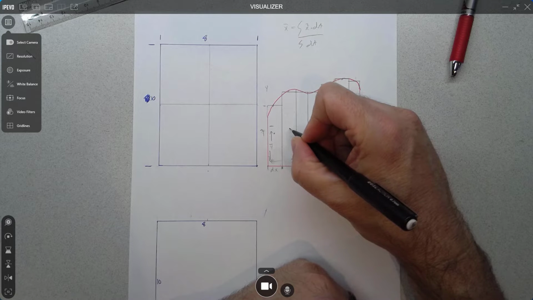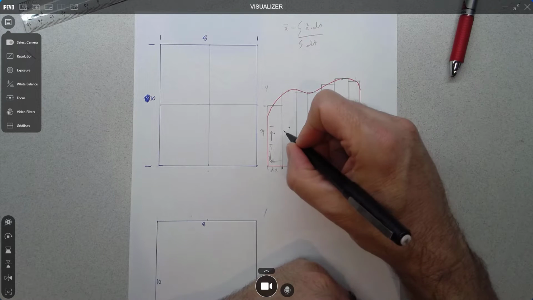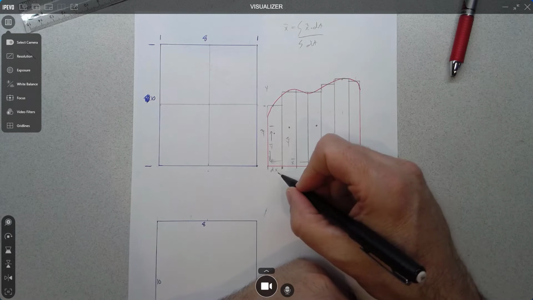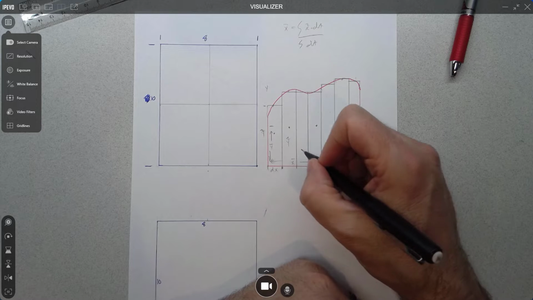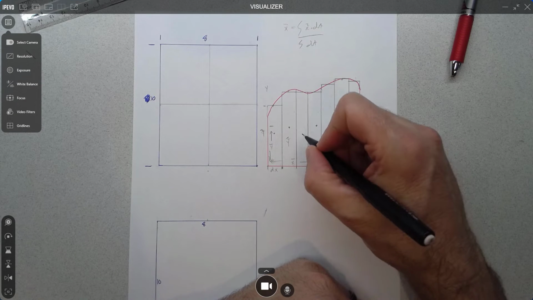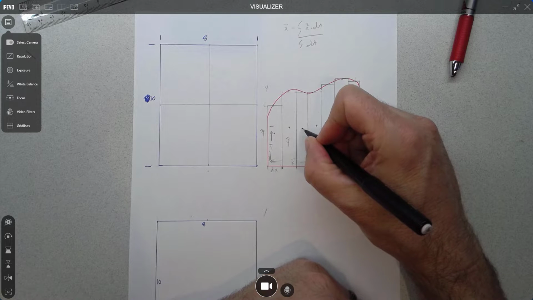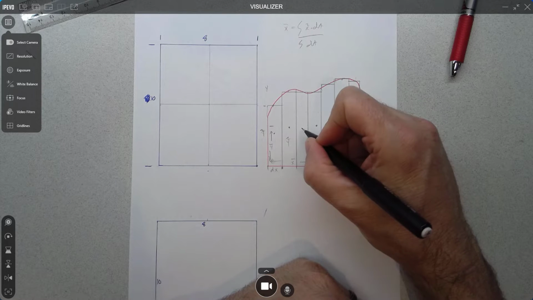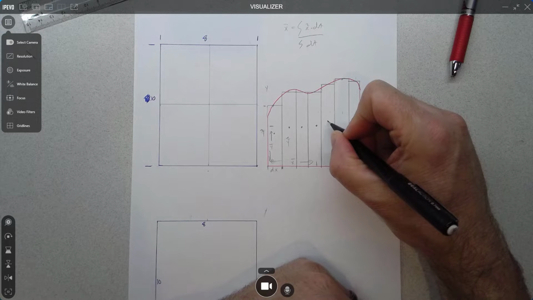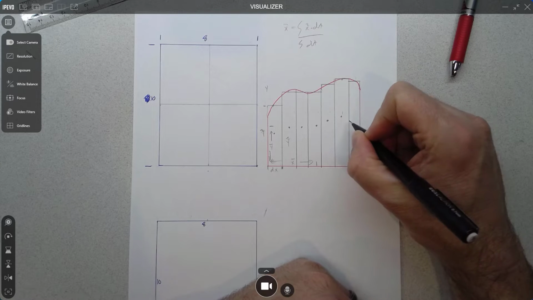And then for this next one, it looks like it's a little taller. The centroid's going to be about there, so it will have its own y, and it will have its own area. That's going to be this dx times the overall y distance for that. So another centroid. This one's actually really close. These three in a row all are really close, and then another one up here a little bit, up a little bit, down a little bit.